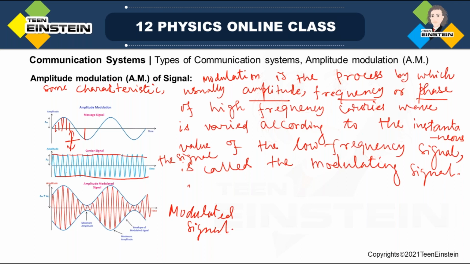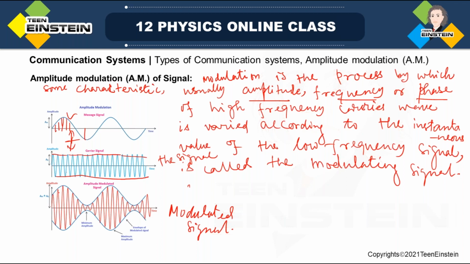Okay, so in this modulated signal, you can see the envelope. This envelope is changing with the frequency of the original signal itself. So the amplitude of the carrier wave changes according to the instantaneous values of the original signal.